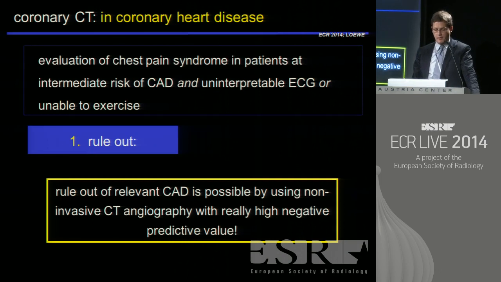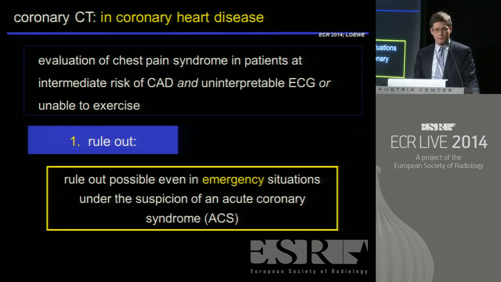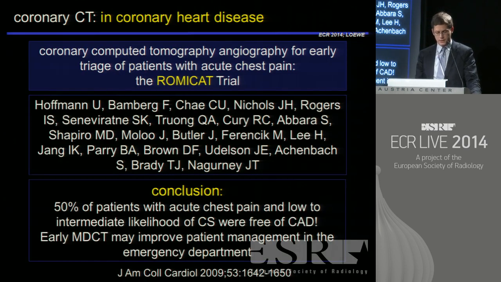So the rule out is a very, very important and very, very helpful indication and the most appropriate and the best thing. It's even helpful in the emergency situation. It has been shown by a couple of papers that we can use this technique even in the emergency situation to rule out an acute coronary syndrome.